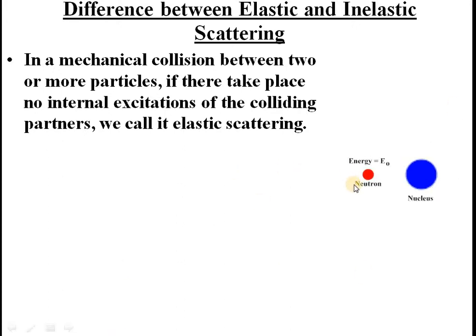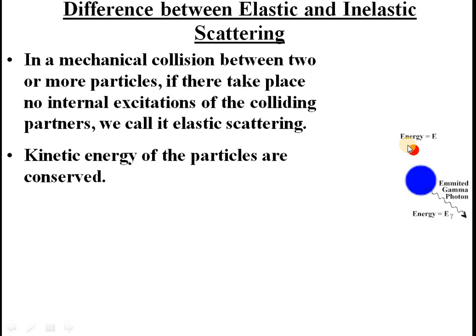That means when two particles collide, of course their energy may get exchanged. One of them may get some energy, the other may get more. So they exchange energy, but there should not be any internal excitation. That means after the collision, the energy should still exist in mechanical form. If that is not happening, we can say that some energy has been utilized in internal excitation.